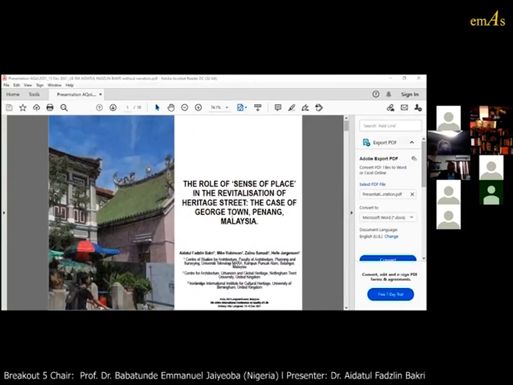The role of sense of place in the revitalization of Heritage Street, the case of Georgetown, Penang, Malaysia.